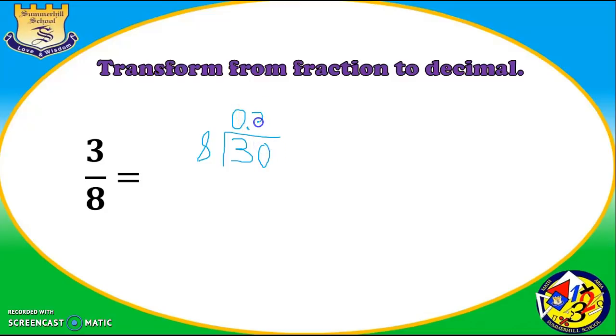In this case, we have 3 times 8, 24, 30 minus 24, 6, 0. Here we say that it is 7 times 8, 56. Yes, 60 minus 56, 4, 0. And here we have 5. 5 times 8, 40. 40 minus 40, 0.